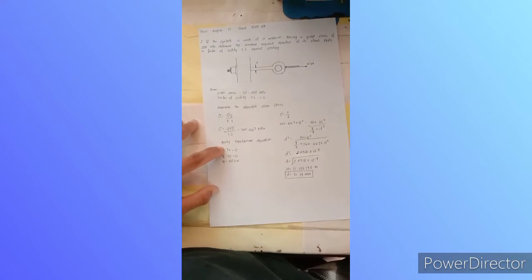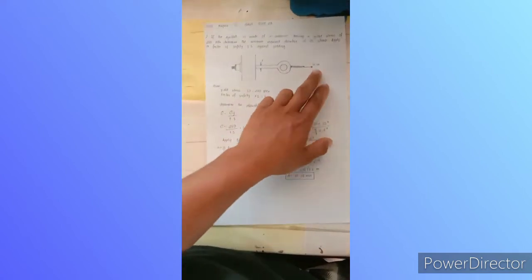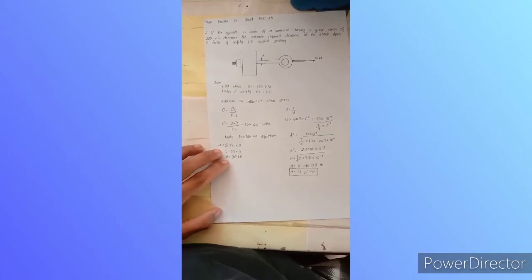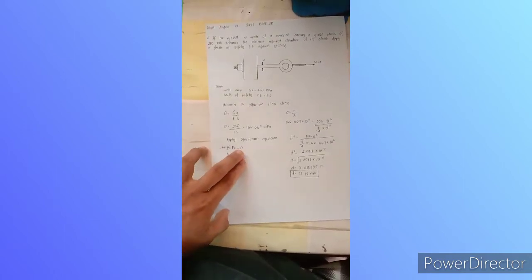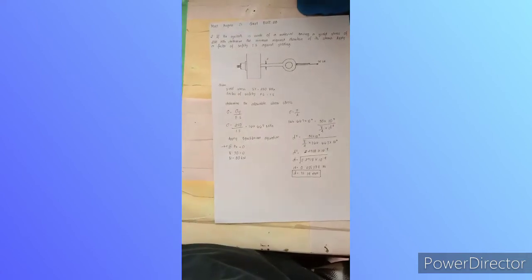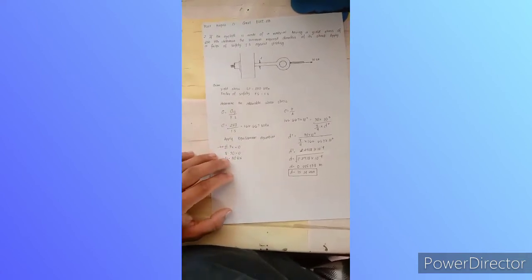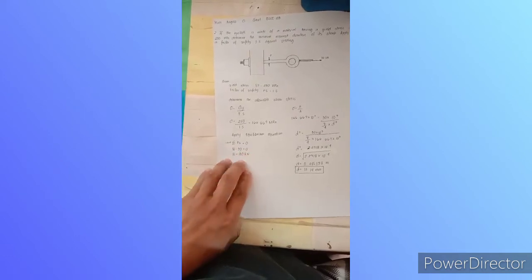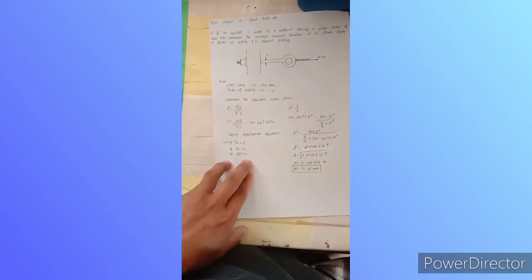So as I said earlier, given 30 kilonewton, we have a summing of forces of Fx is equals to 0. Apply natin yung equilibrium equation. So N minus 30 is equals to 0. So N is equals to 30 kilonewton.